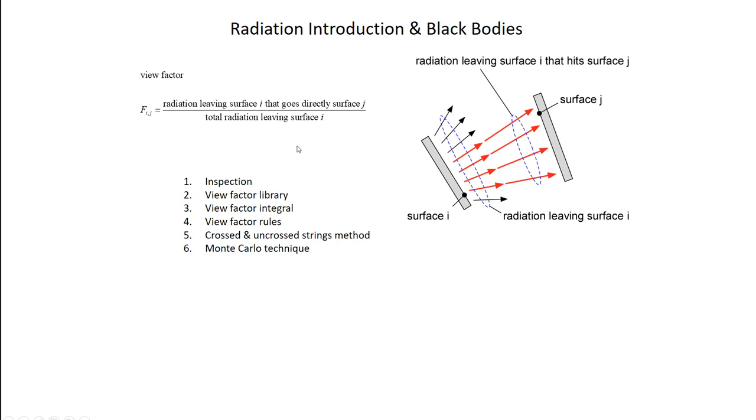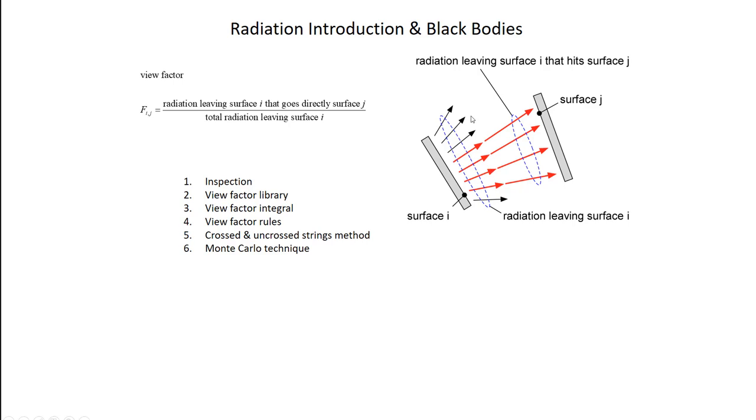So we still do have to figure out, though, how much radiation is incident on this surface, and that calculation is made easier or facilitated by this thing called a view factor. So the view factor, F_ij, is this geometric quantity, at least for diffuse emitters, that is the ratio of how much radiation leaves surface i and goes to surface j divided by the total amount of radiation leaving surface i.